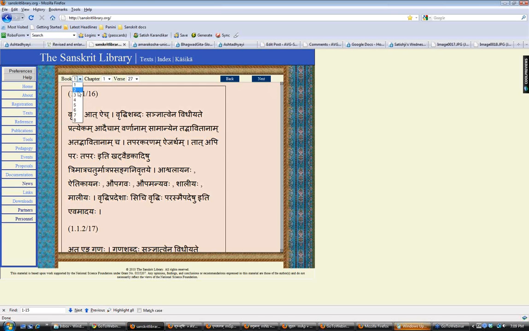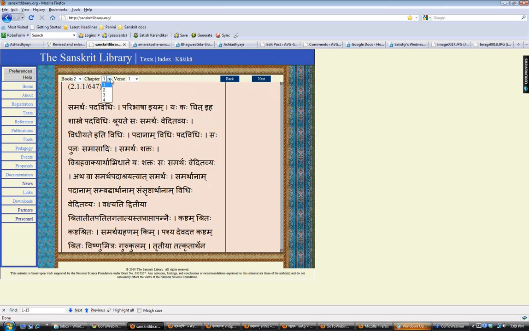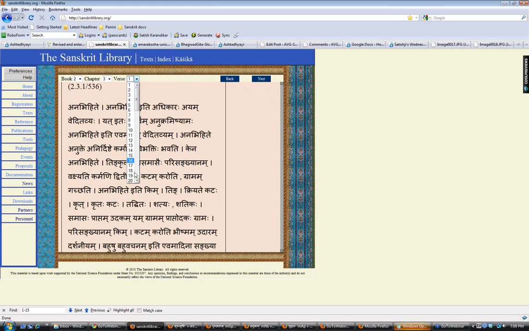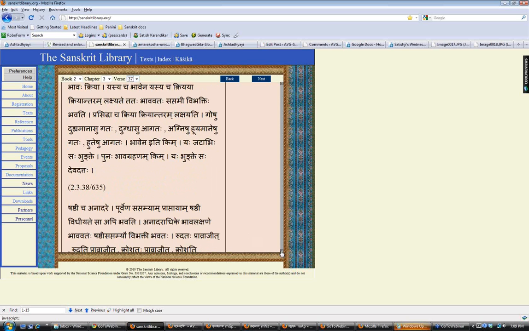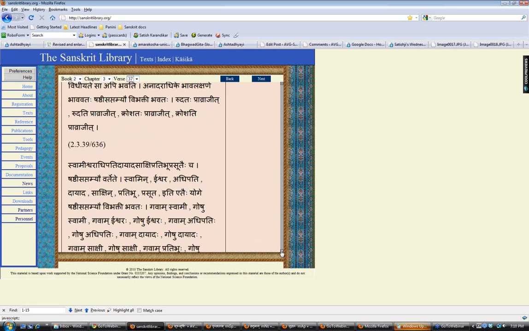So if you look at 2.3, the only thing you have to do is navigate from the top over here. So 2.3, let's say 37. So 37, 38, 39. So 39 we saw last time, which is Swami Ishvara Adhipa Pati Dayada Sakshi Pratibhu Prasutaishcha.